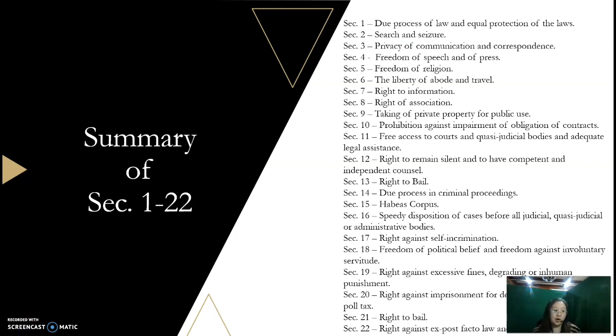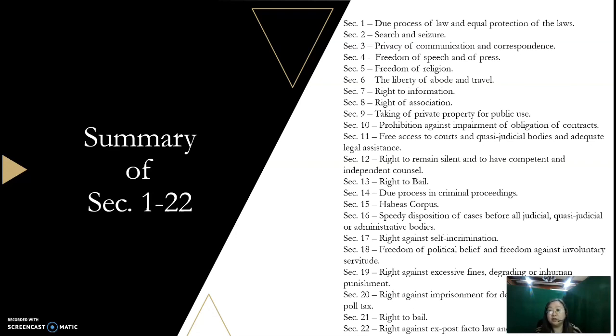I will no longer read to you the exact provisions. I hope that you can get a copy, even if it's a soft copy, of the 1987 Philippine Constitution, and you go to Article 3, sections 1 to 22.